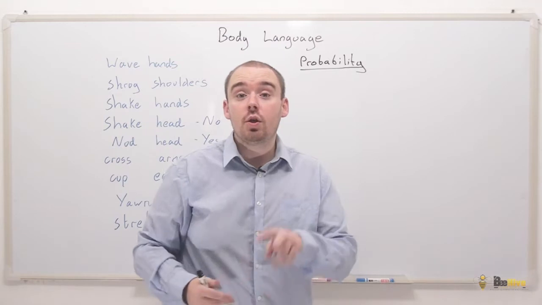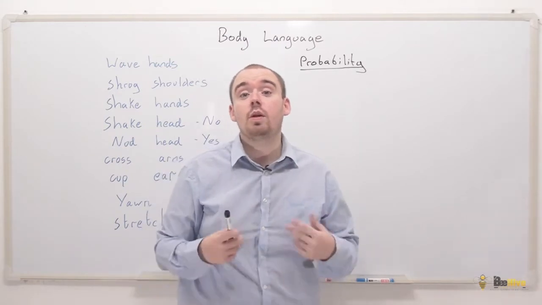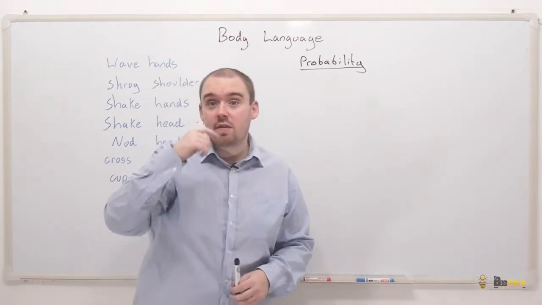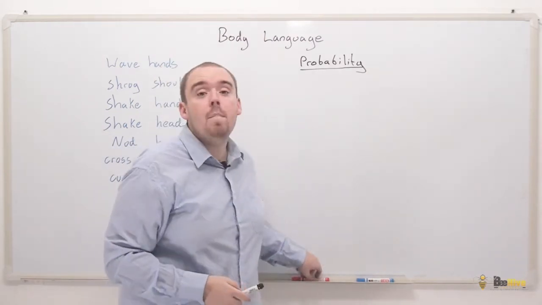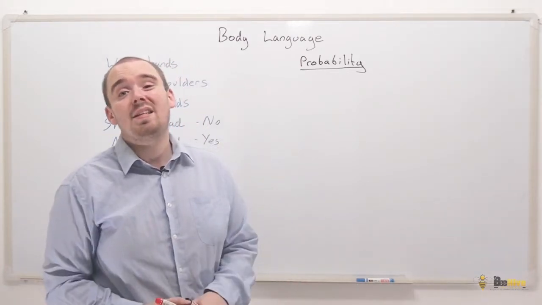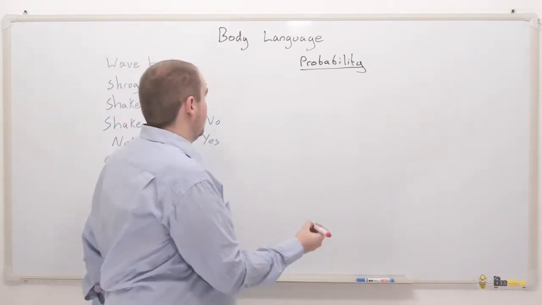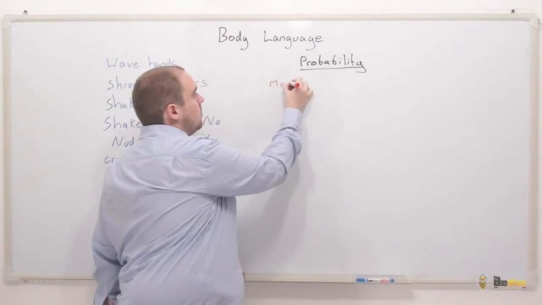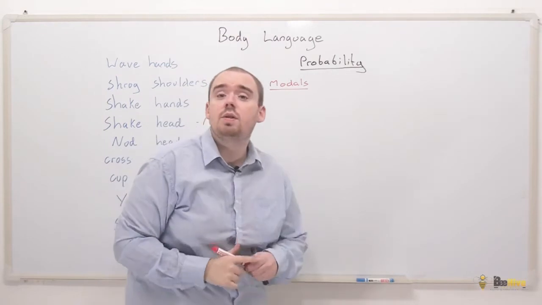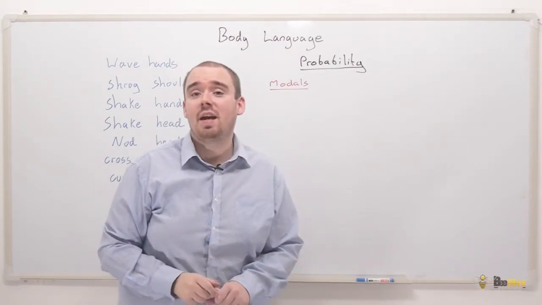And there are two types of words we use to talk about probability. The first of these are modals, and we use these when we're using the present tense. Okay, so modals. And we use these when we're using the present tense.